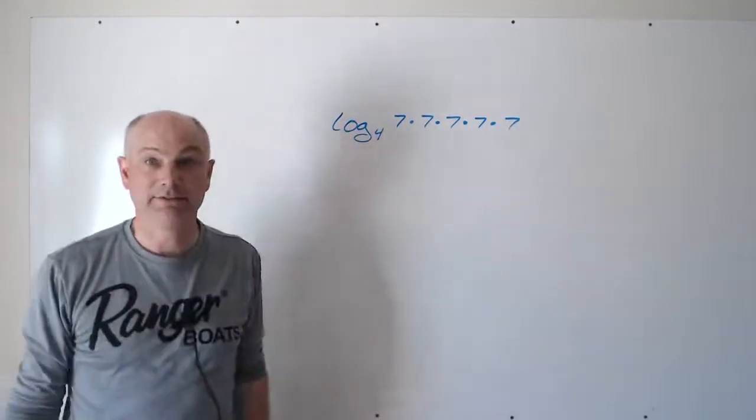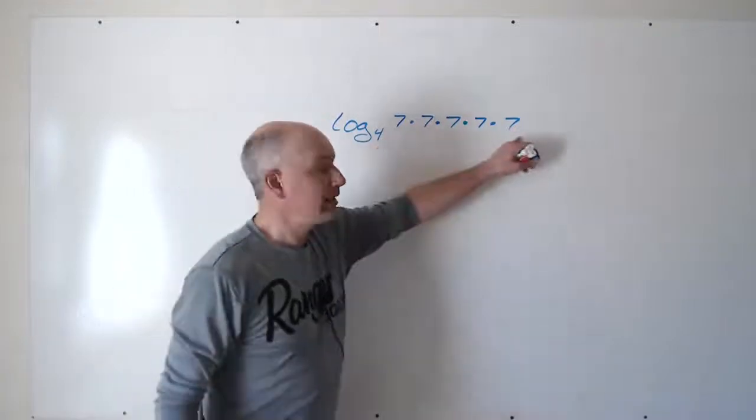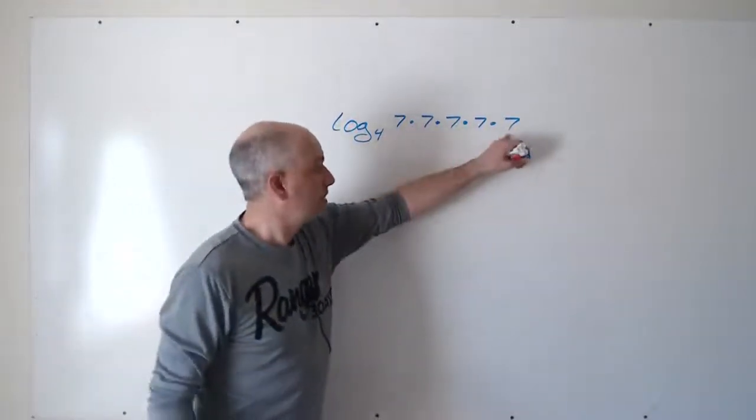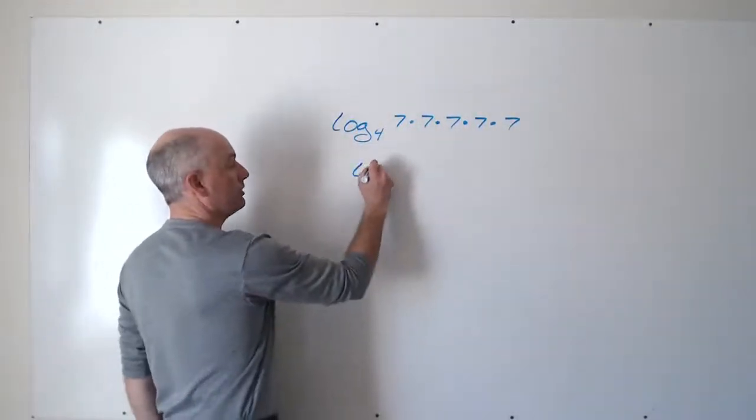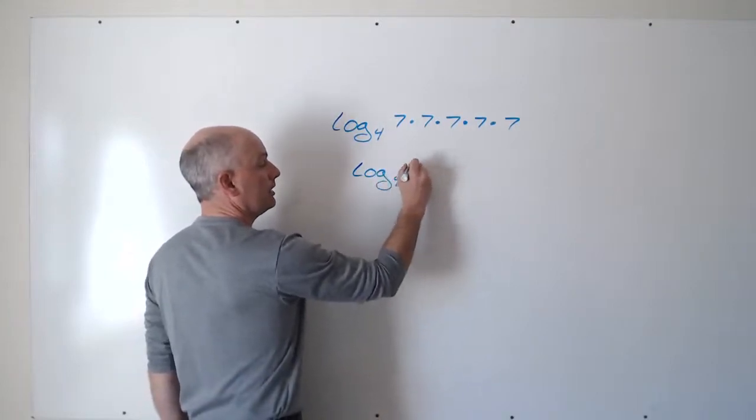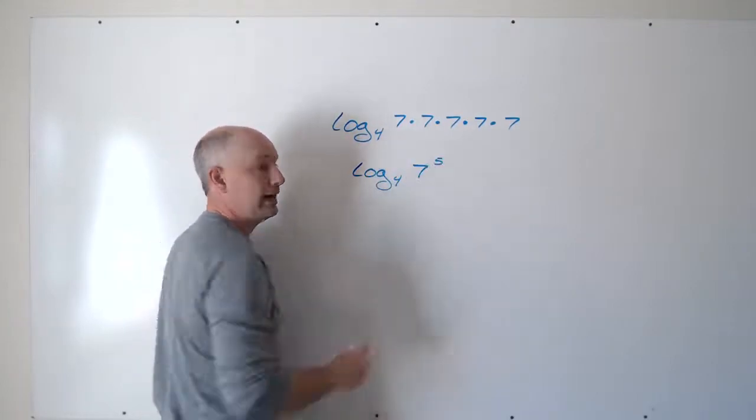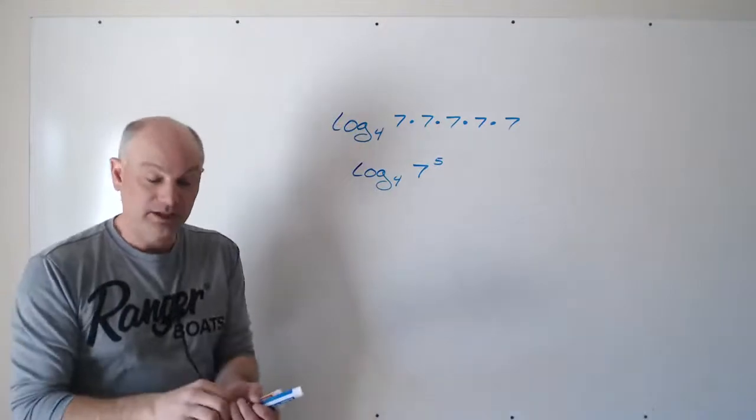Let's say I make it so I got 5 of them. I can rewrite 7 to the 5th power here, so I can call this log base 4 of 7 to the 5th power. But now here's the neat thing.